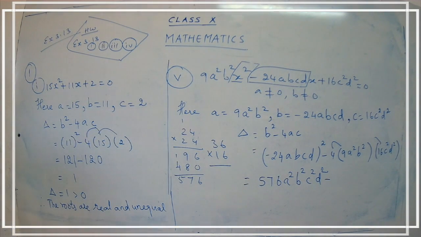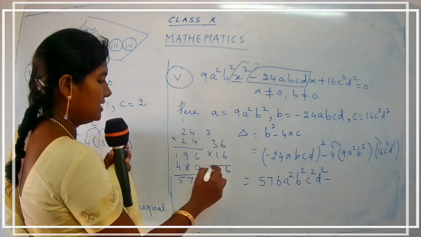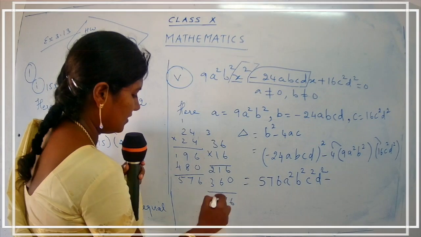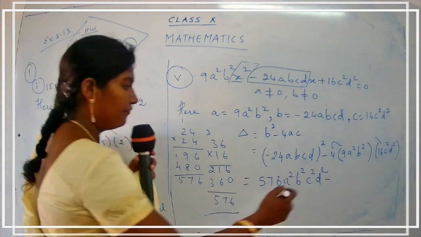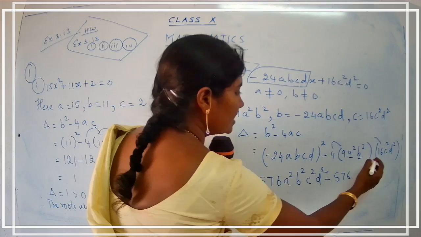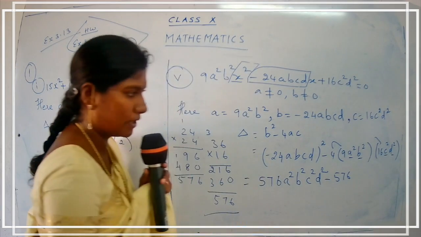Okay, 36 into 16, what do you get? 6 6s are 36, 18, 21, 0, 6, 3, 6, 7, 5, yes. I get 576.